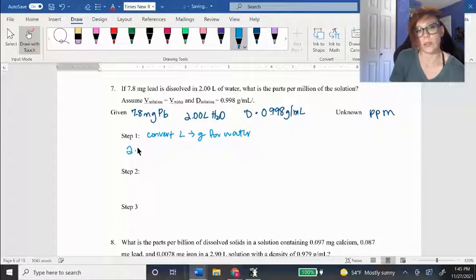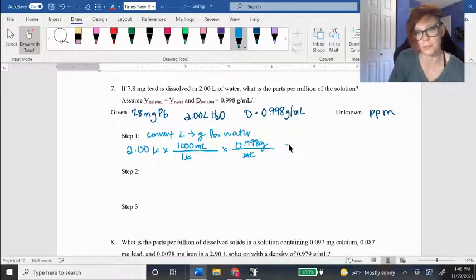So I've got 2.00 liters. I need to convert that into milliliters first before I can use my density, because my density is in milliliters. So 1 liter is equal to 1,000 milliliters. And then that's going to be multiplied by my density, which is 0.998 grams per milliliter. So milliliters are canceling out, liters are canceling out. And then I can calculate that.